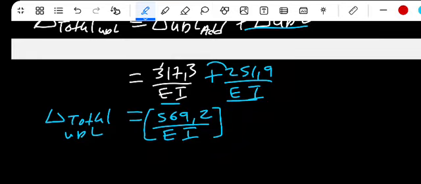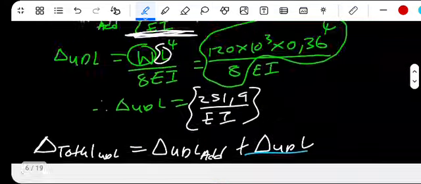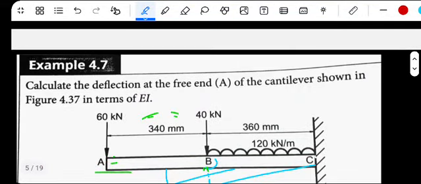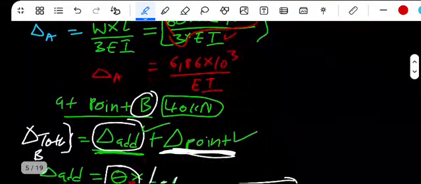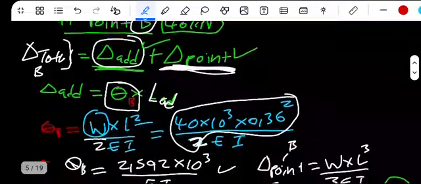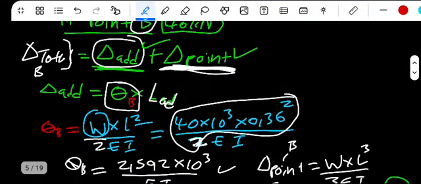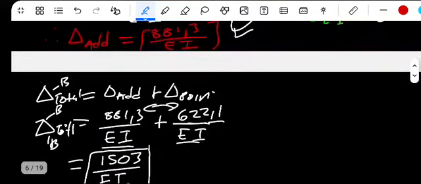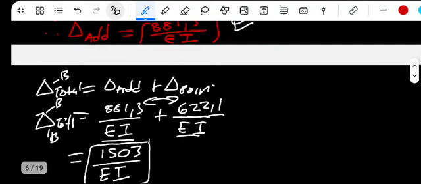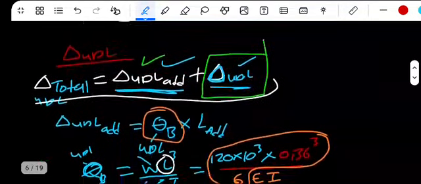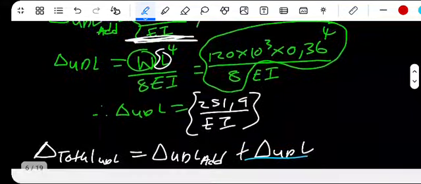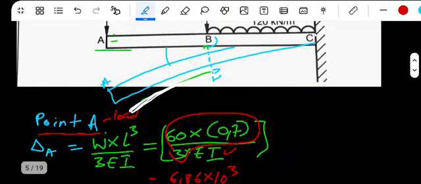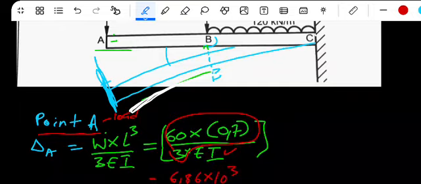What we have now is all of them: the UDL, the point load at A, and the point load at B, C. So we add all of these totals now. This will be the total deflection at A, at the end.